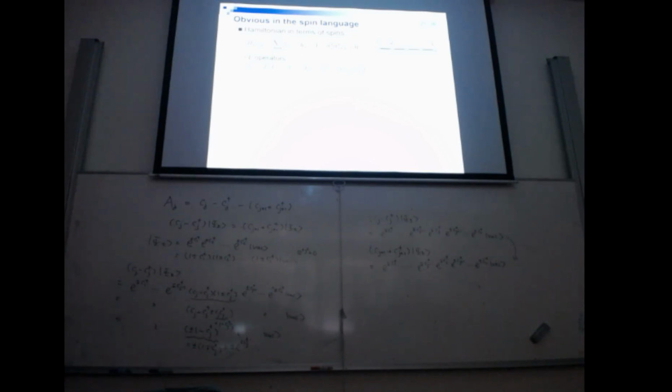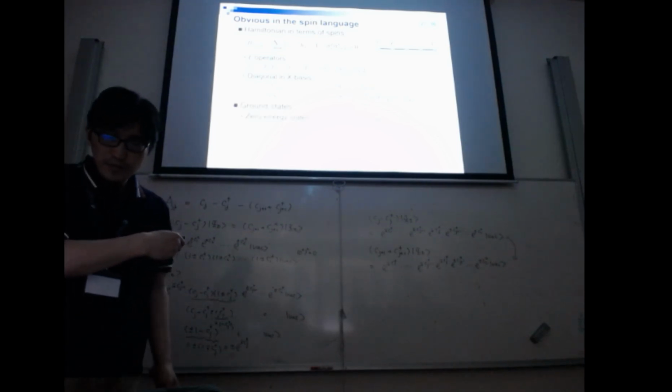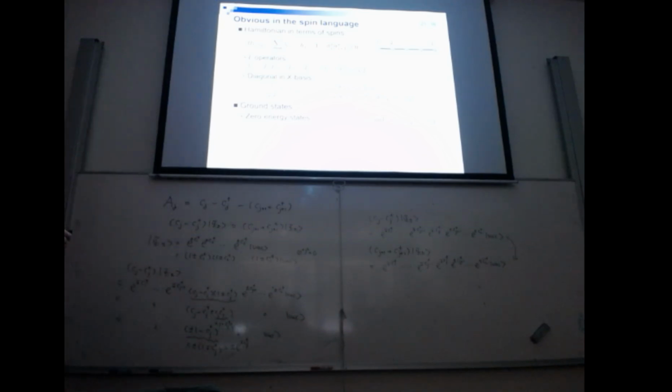So Hj is Lj dagger Lj, and this Lj is just this: sigma j x minus sigma j plus 1 x over square root 2. And you see this is just diagonal in the basis in which sigma x is diagonal. So this plus minus diagonalizes sigma x. And here's the ground state of the model. So you have two ground states.